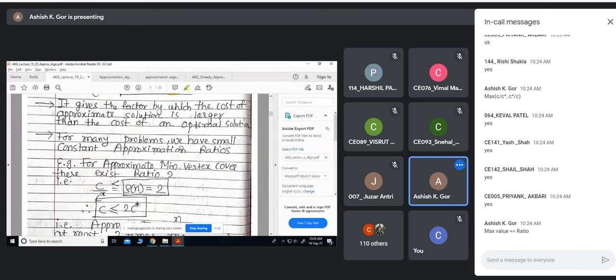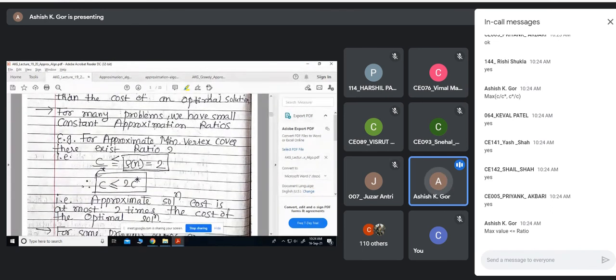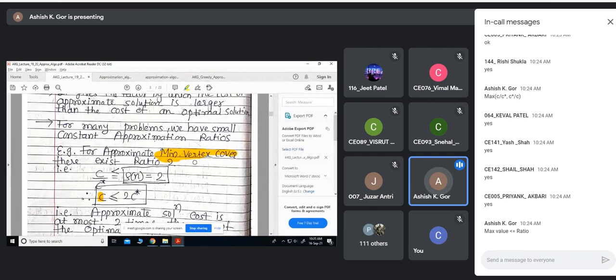We will see that vertex cover has an approximation algorithm, and that algorithm has a ratio of 2. It's a minimization problem, minimum vertex cover. Don't worry if you forget what vertex cover is, I will revise that.